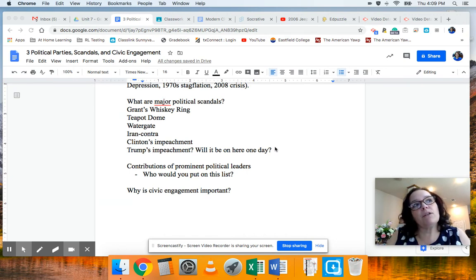And so with Monica Lewinsky, he says, oh, I haven't had an affair with her. And then it comes out that there's all this evidence that he had an affair. And so basically he lied to a grand jury. He committed perjury.